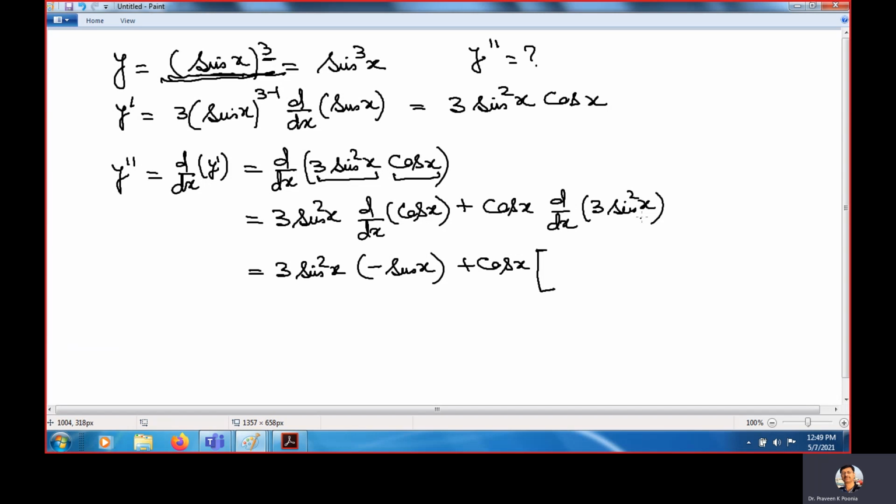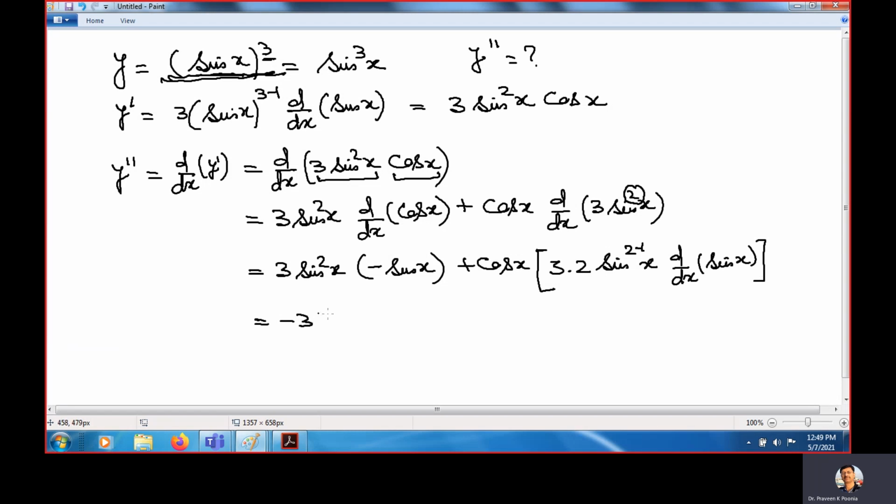Now you need to calculate the derivative of 3 sine power 2x. So 3, now because it is not sine x, it is sine power, first you need to calculate the derivative of the power. So sine power 2 minus 1 x, and then derivative of sine x, like we did for y dash.